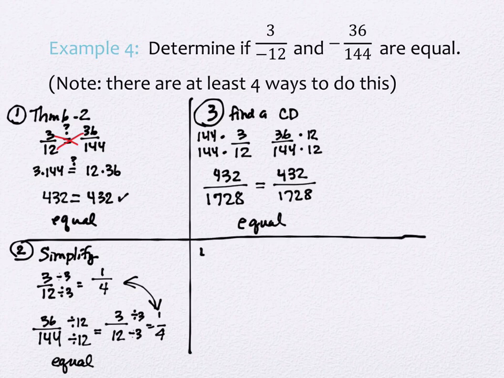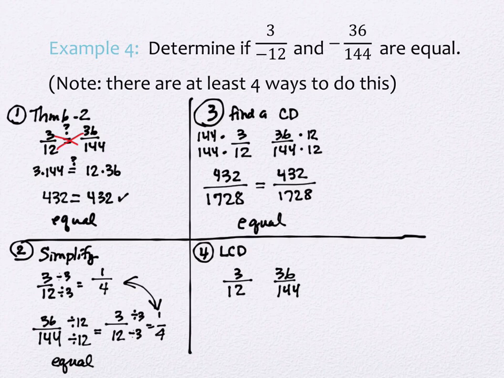Okay, the last one we're going to do is a least common denominator approach. So least common denominator means that we're going to try and find the denominator that they match first. So when we compare 3 over 12 and 36 over 144, I hope you look at this kind of like we did on the simplify one and recognize that 12 can be multiplied by something to get 144, right?